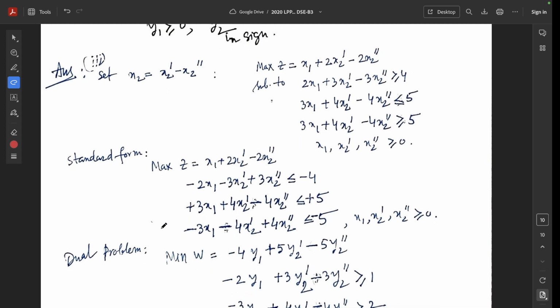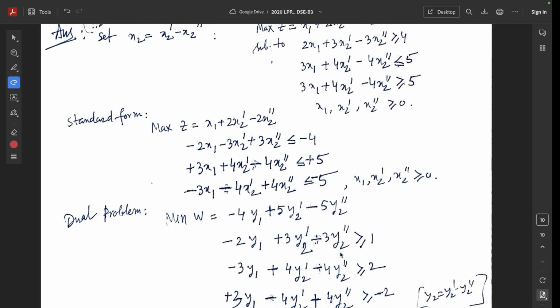Now the dual problem for this maximizing primal problem is minimum W equal to -4y1 plus 5y2 dash minus 5y2 double dash, subject to the constraints: -2y1 plus 3y2 dash minus 3y2 double dash, and the second constraint -3y1 plus 4y2 dash minus 4y2 double dash.